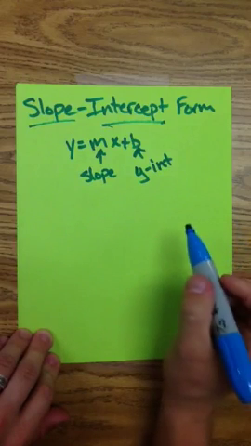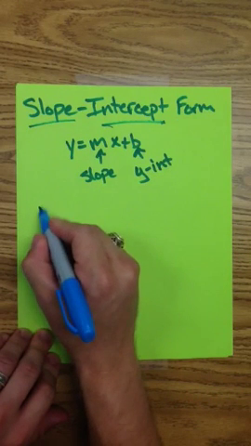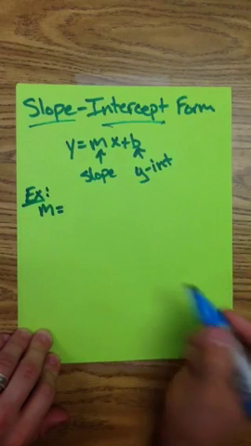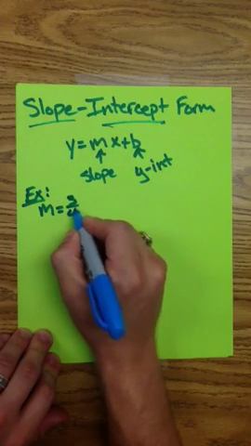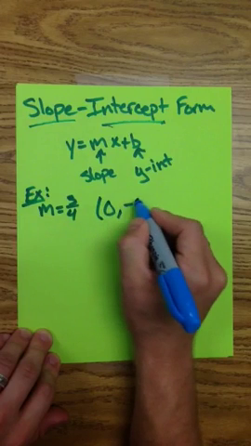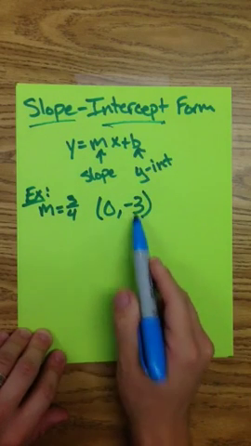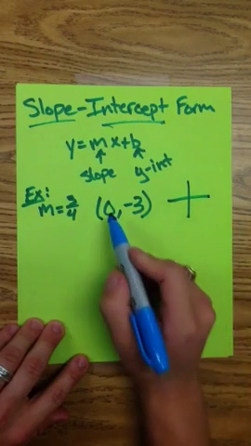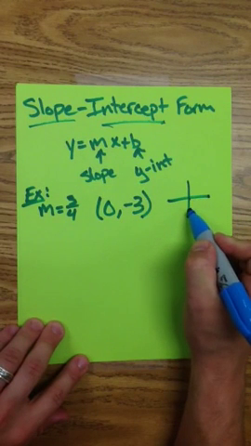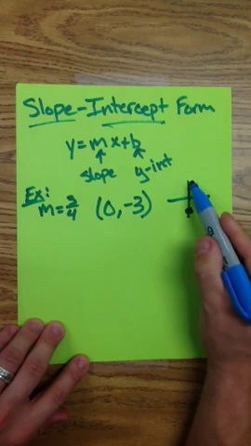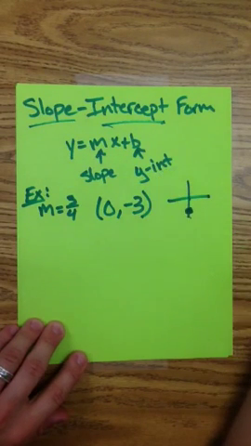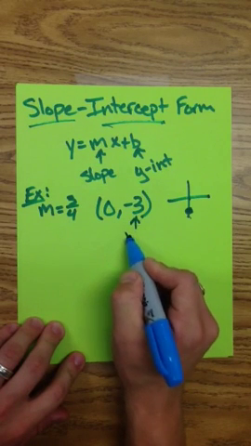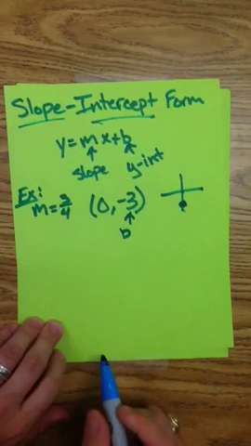An example of this would be if I have the slope of 3/4 and I have to go through the point (0, -3). Well, (0, -3) is the y-intercept, because if I were to draw my graph and go 0 in the x direction and -3 in the y direction, I would be on my y-axis, which makes it the y-intercept. So I have all my information needed, because -3 is b and m is 3/4.